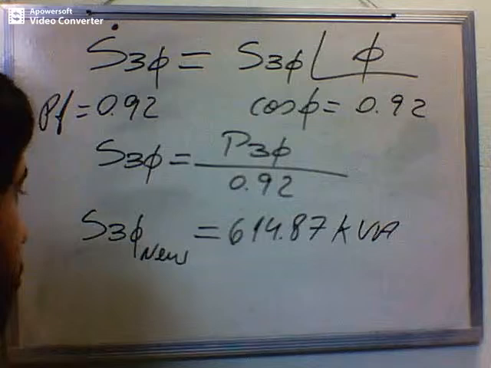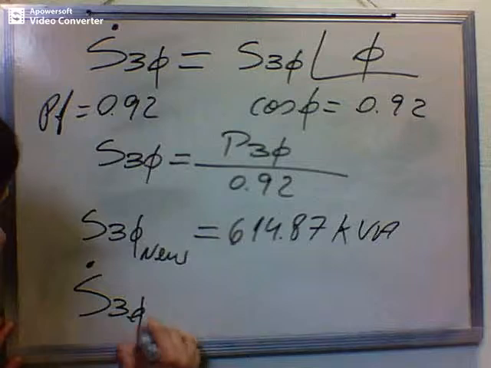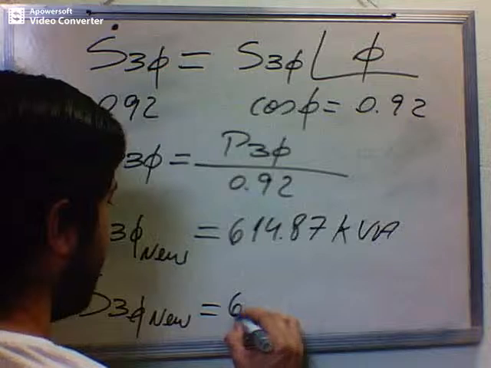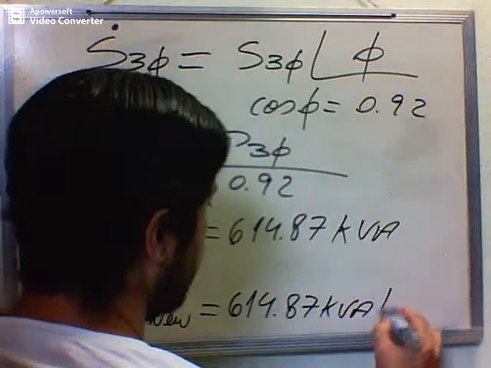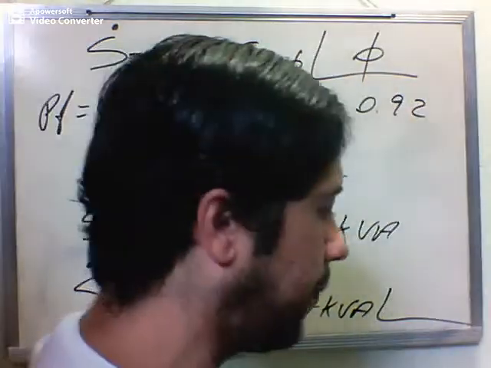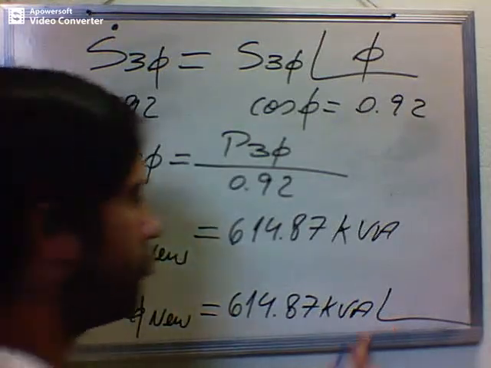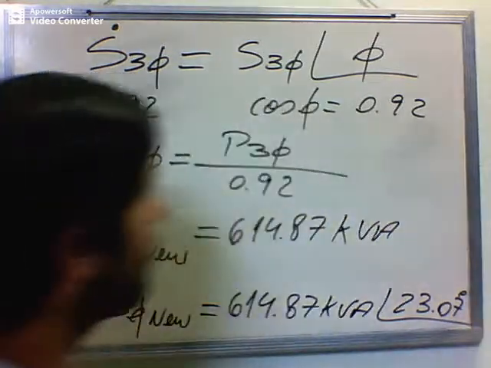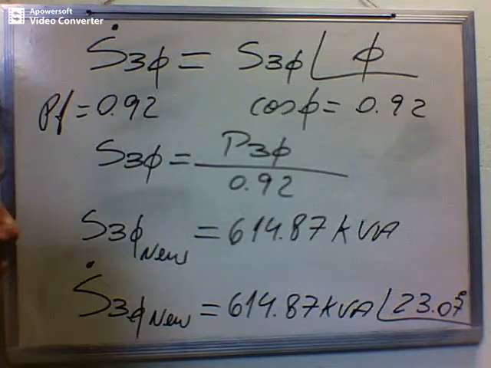We need the installation to have the complex power S with the dot, three-phase, which I'm going to label nu, of 614.87 kVA in the phase of this angle here. I already calculated this angle, and it is 23.07 degrees.